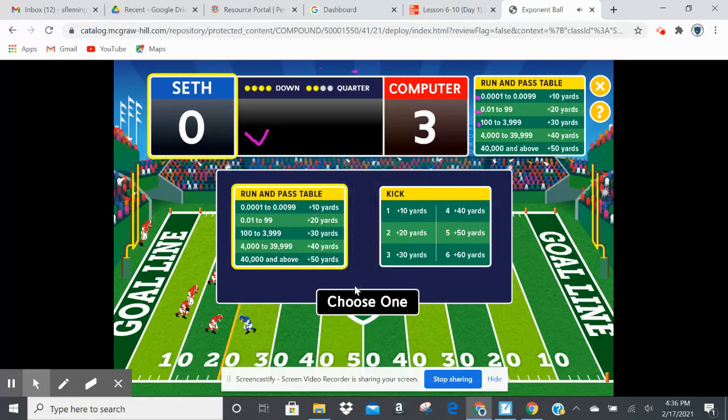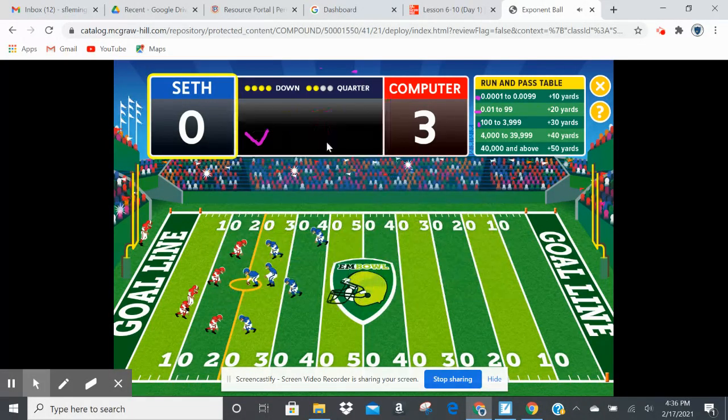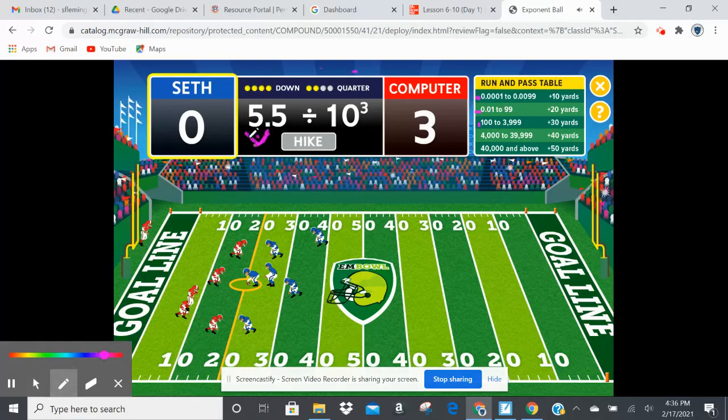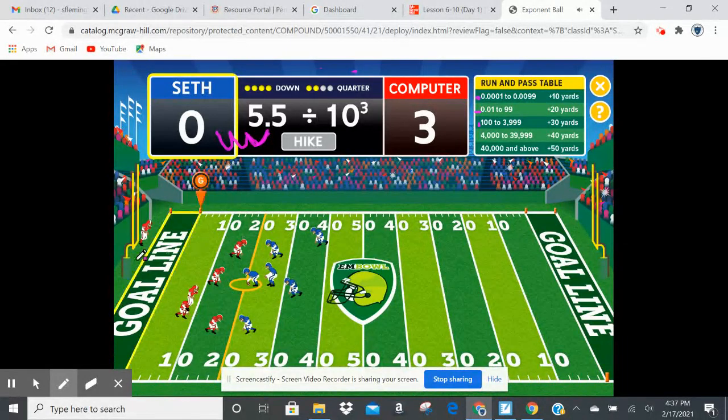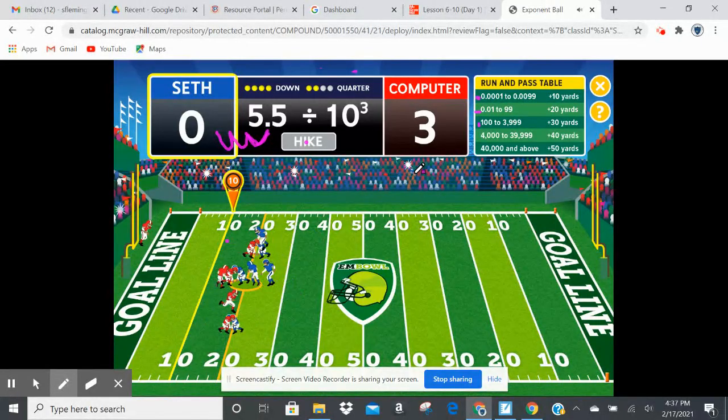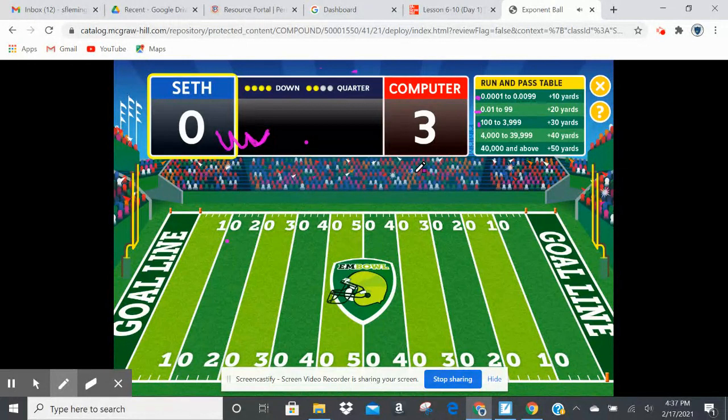No. So we're going to move it over three places. So one, two, three. That's moving 10 yards. Okay, I don't want to go 10. I want to go for the touchdown. Come on. Man.